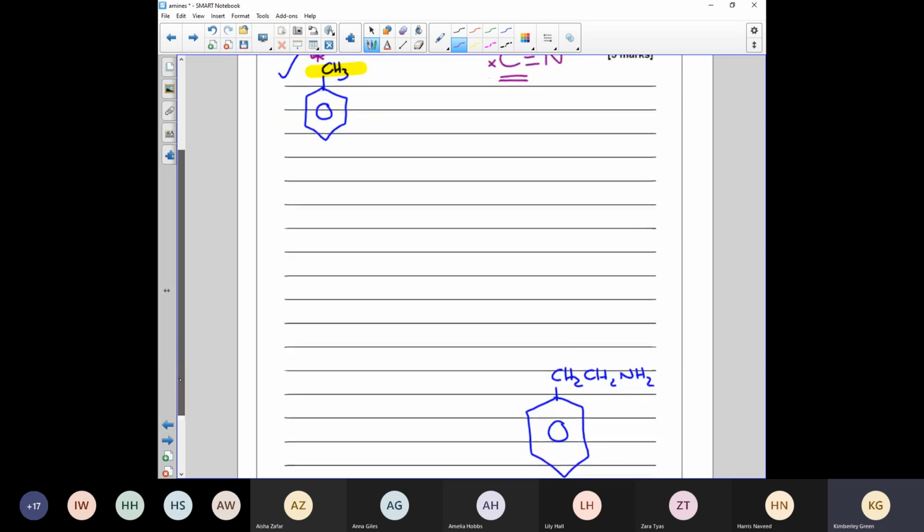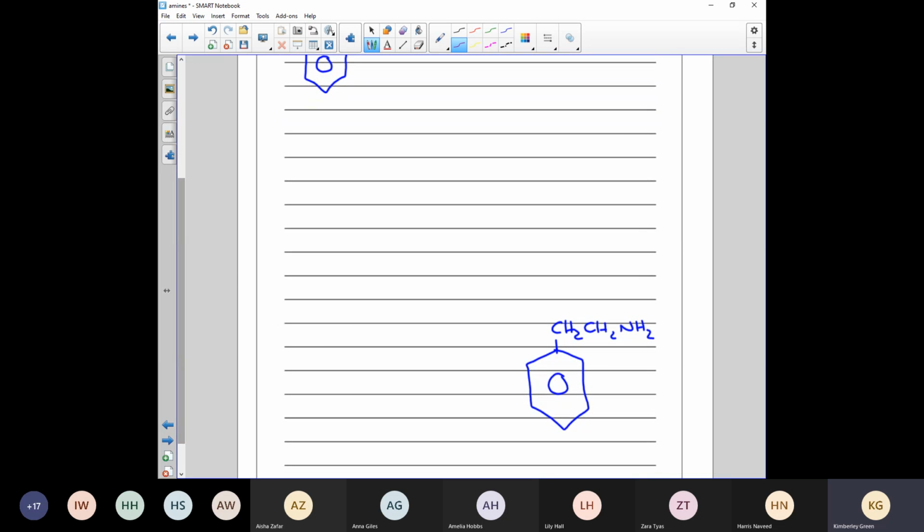So I know that at some point, to make that little product over there, I will have had to have a nitrile group in there. Right, how do you get from a nitrile group to an amine?